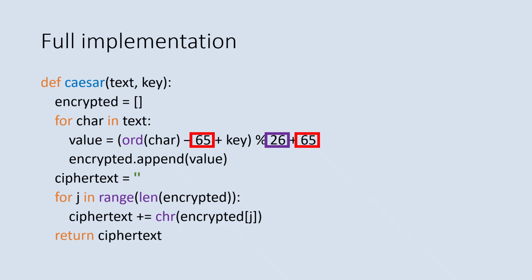And so here we will have the full implementation of the Caesar shift. The text can be the actual plain text, or it could be the ciphertext, and the key is the appropriate key for either encoding or for decoding that particular message.